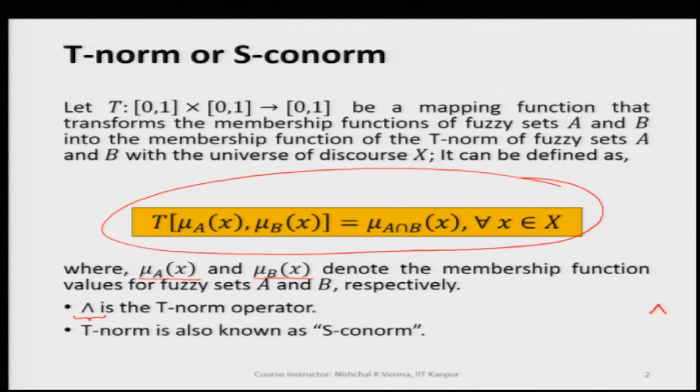This is a T norm or S co-norm. So, wherever we want to write a T norm, we can either use capital T or simply use this open triangle symbol. So, we can say the open triangle symbol is the T norm operator, and T norm is also known as S co-norm, which I have already mentioned.